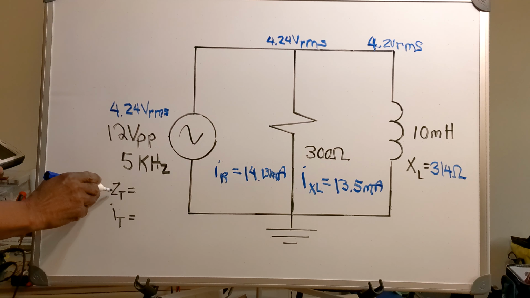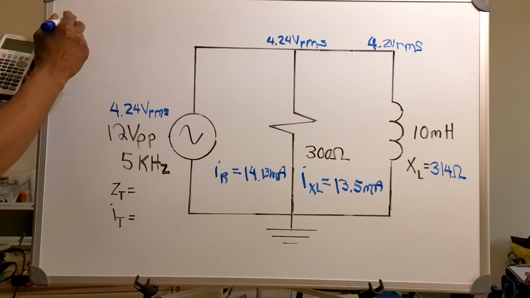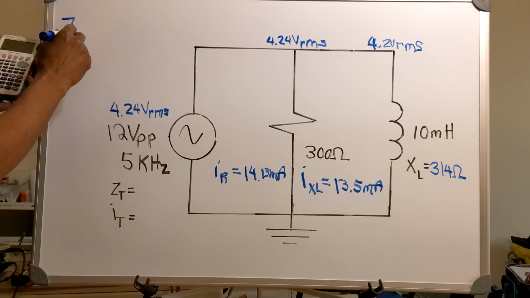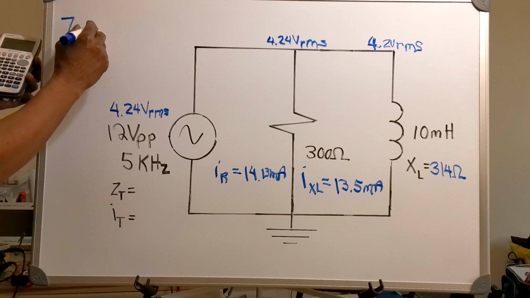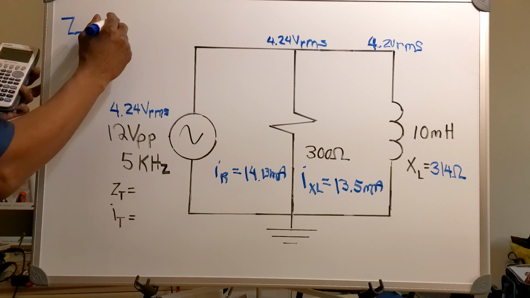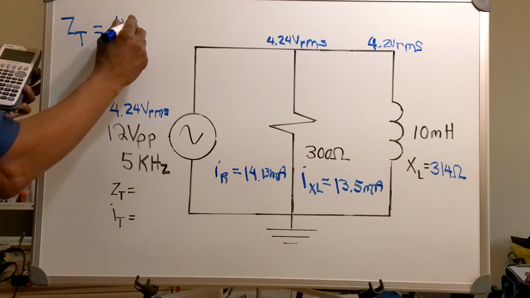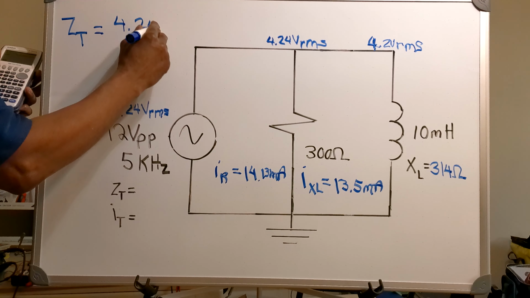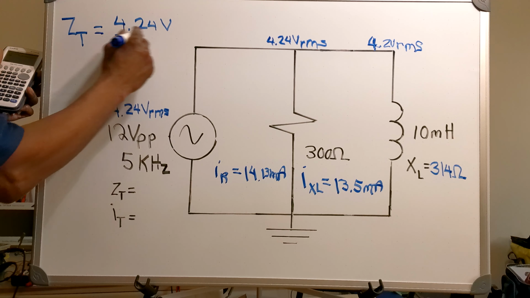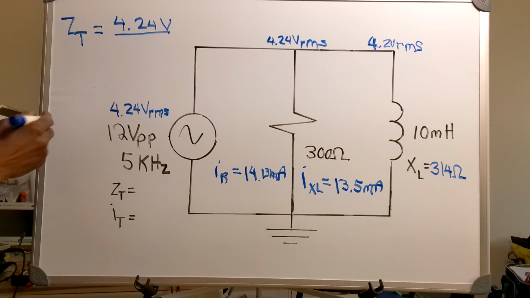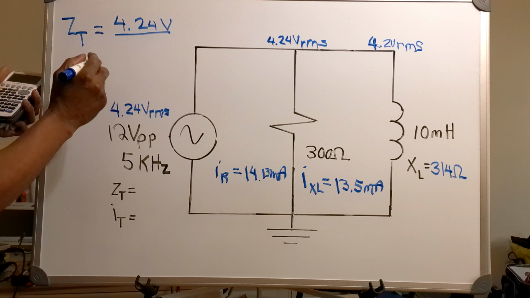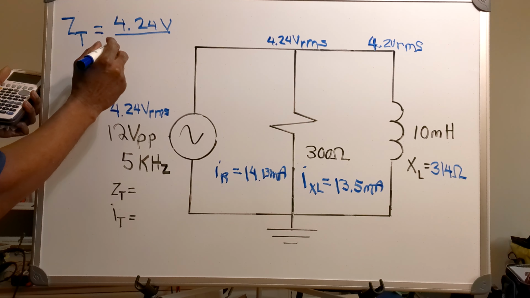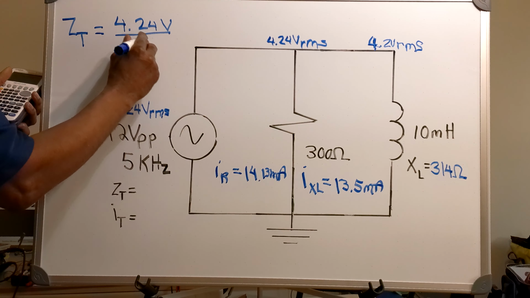Now I'm going to find my total impedance. ZT equals 4.24 volts over something.